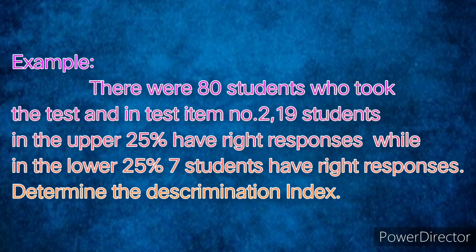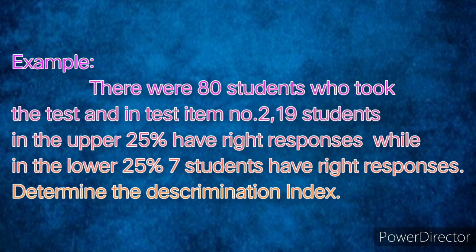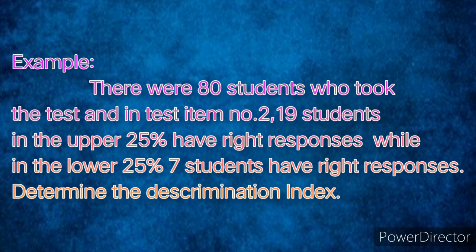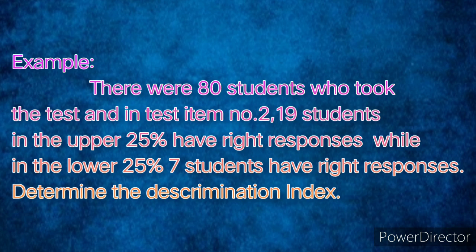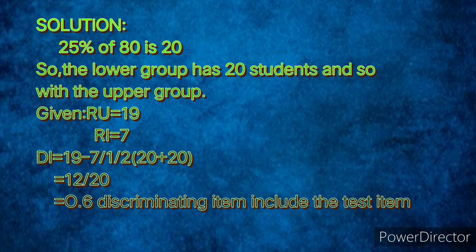For example, there were 80 students who took the test in test item number 2. 19 students in the upper 25% have right responses, while in the lower 25%, 7 students have right responses. Determine the discrimination index. So here's the solution. 25% of 80 is 20.